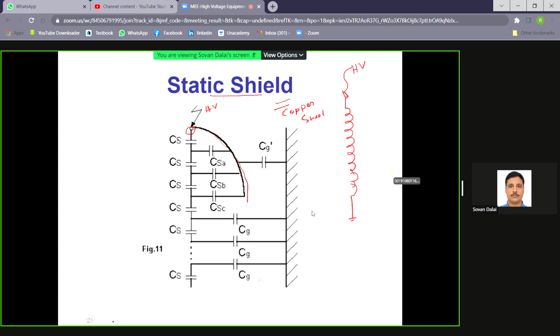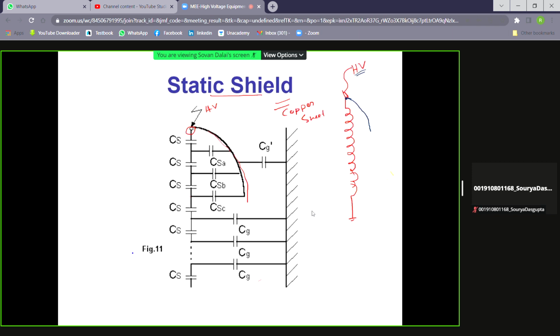Just showing you, say this is a copper sheet which is connected at the top of the winding, and it will physically extend up to a certain few turns or few disks of the transformer winding, and this copper wire is connected to this high voltage also. Now is it clear? Yes, sir.